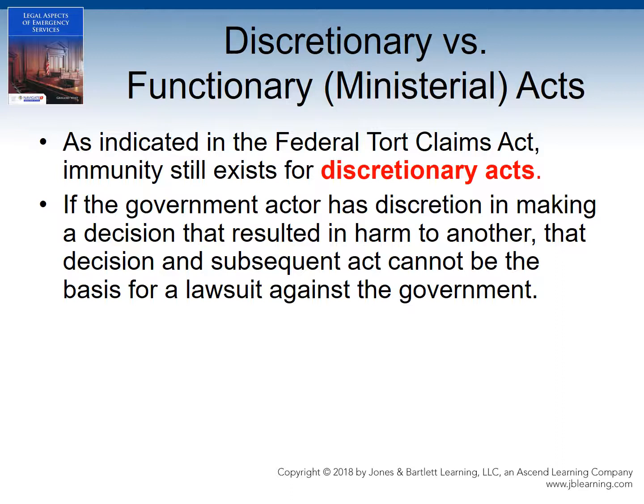Over time, courts have struggled with the difference between discretionary and ministerial acts, and different courts in different jurisdictions have sometimes reached different conclusions. For example, is driving a police car a discretionary act or a ministerial one? Some courts feel there is discretion in how a person drives an emergency vehicle, thus making the action discretionary.